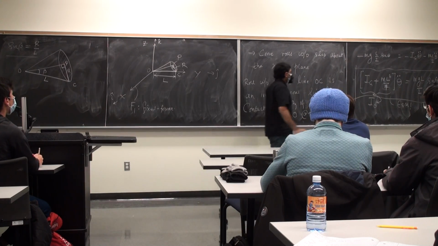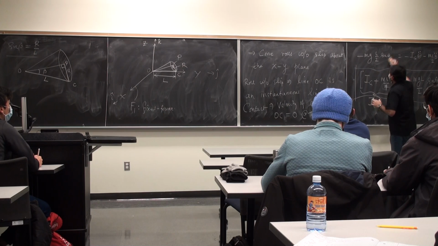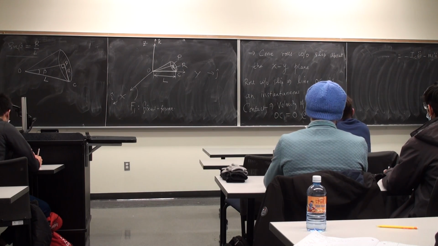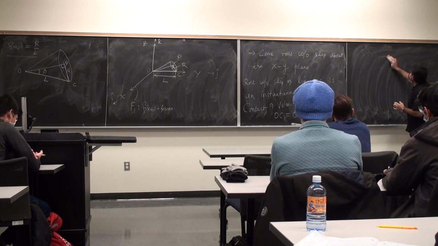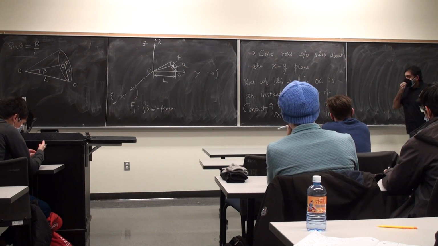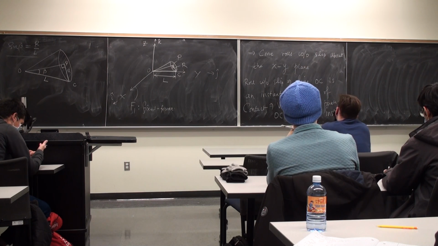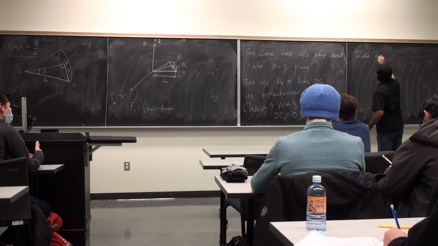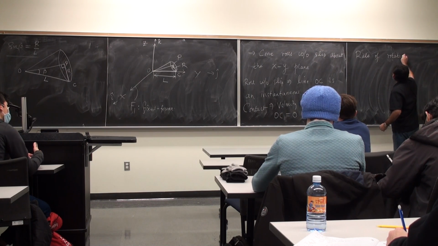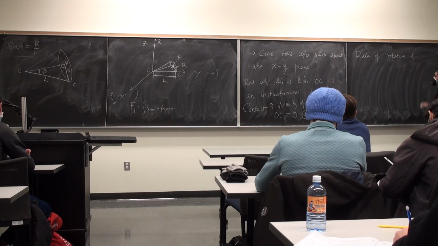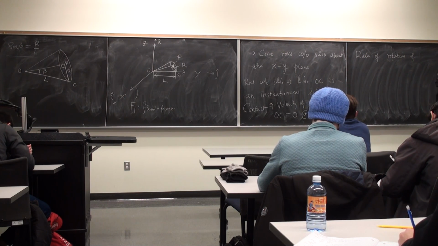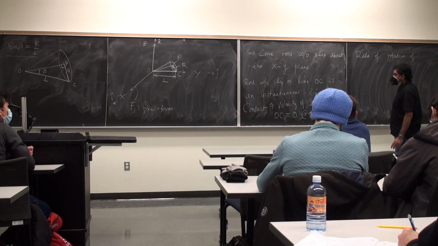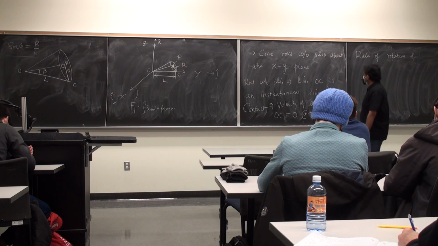The other piece of information that's given in this problem is the following. The rate of rotation of this instantaneous line of contact, I want to call it ILC, instantaneous line of contact.